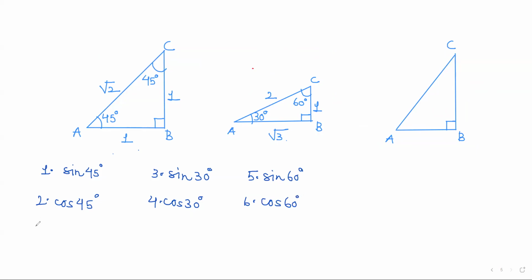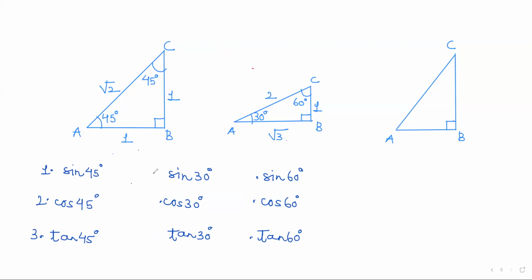I am not asking for tan. Let me ask tan as well: tan 45 degrees, tan 30, and the 9th is tan 60. Let me change the sequence. Write it quickly.